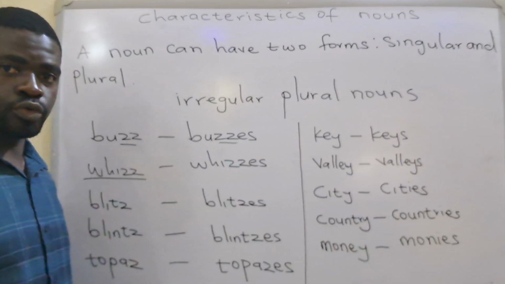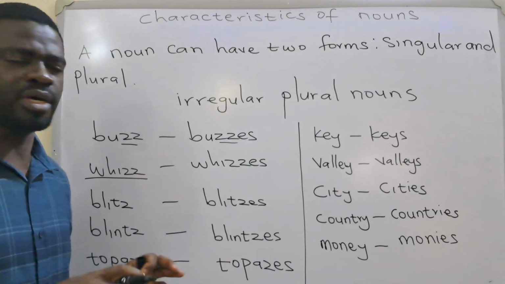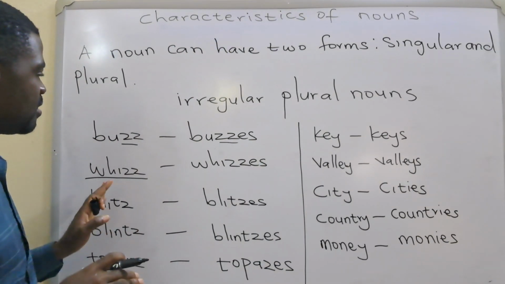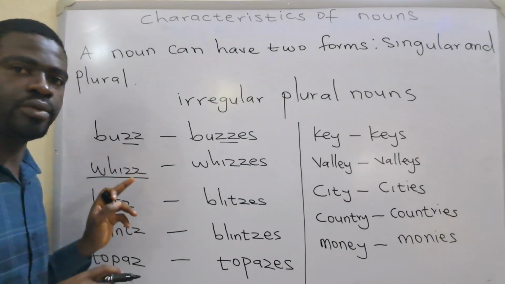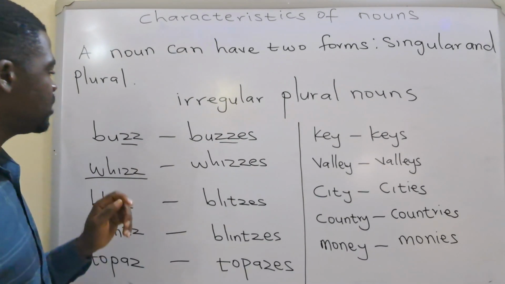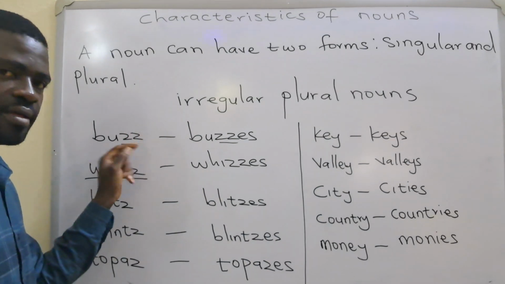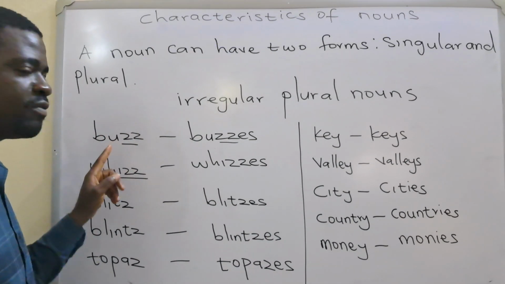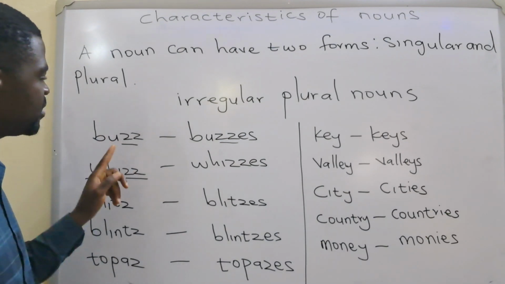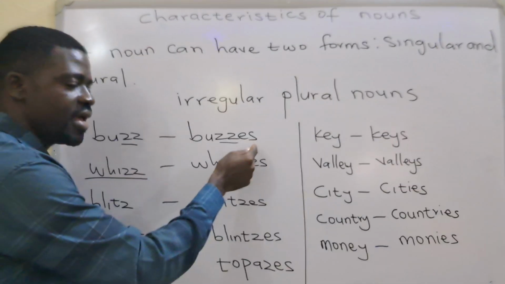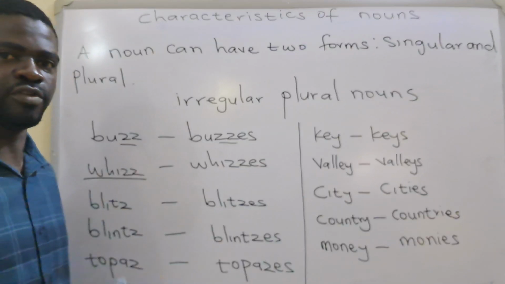That is very true for some nouns, but not all of them. Now, this is the key point you have to take note of. If your noun ends in Z and the preceding letter, that is the letter that comes before the Z, is a vowel, then you can add es to that noun to form the plural.